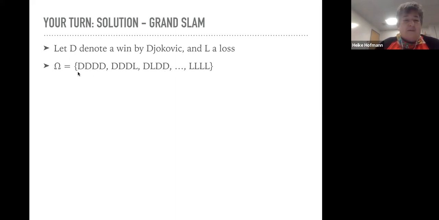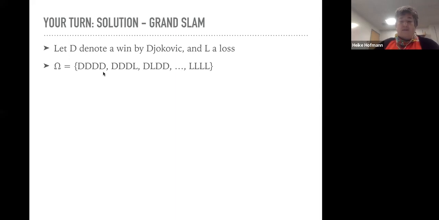So for each of the 4 tournaments, we've got 2 possible outcomes if we just look at it from Djokovic's side. So either he wins or he loses. So there's 2 for each of these tournaments, which means that we've got 2 times 2 times 2 times 2, 16 different outcomes.